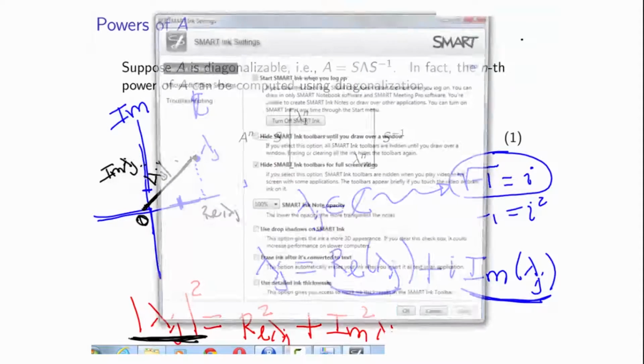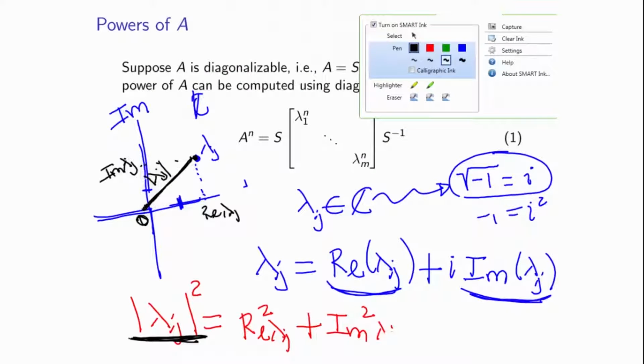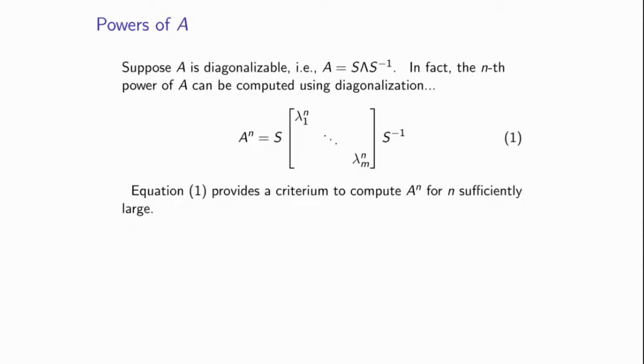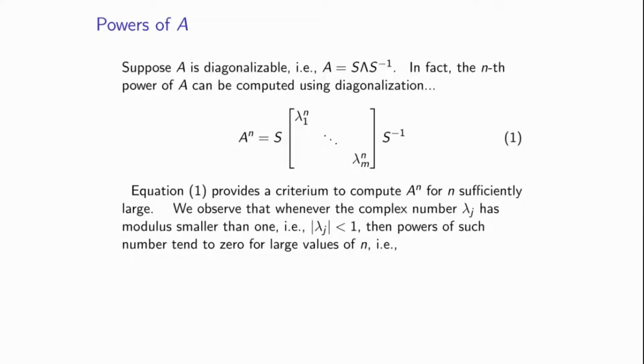So let's see. Oops, sorry. Turns out that we have a criterion to compute powers of n for n sufficiently large. And here's something that I want you to absorb.